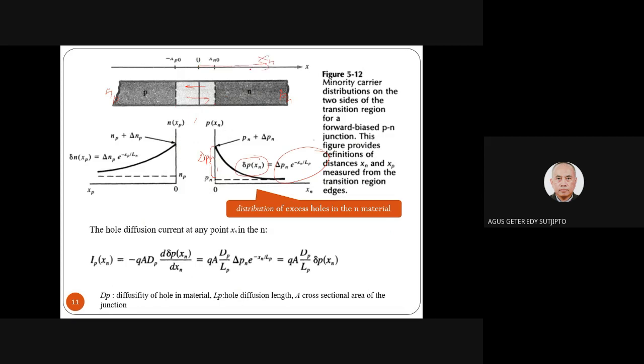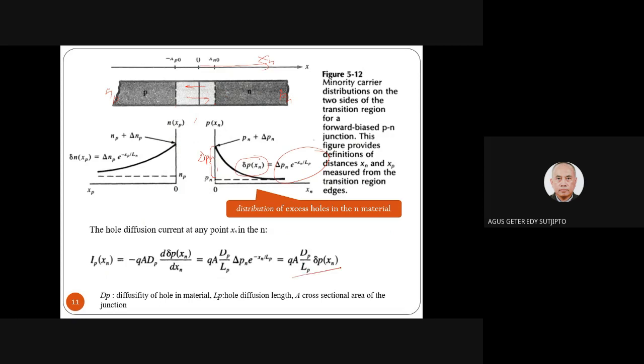This is the xn region, dependent on the diffusivity and the depletion of the hole in the n region, and then we can further have the current flow of the holes in the n region, dependent on the diffusivity of hole and the hole diffusion length LP.